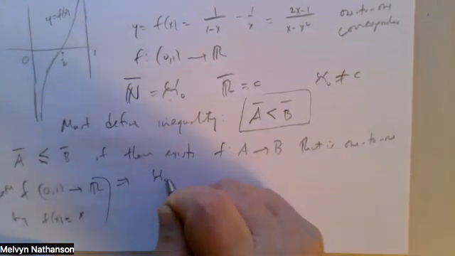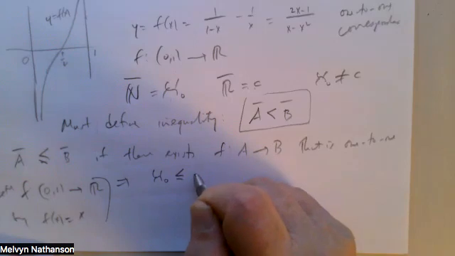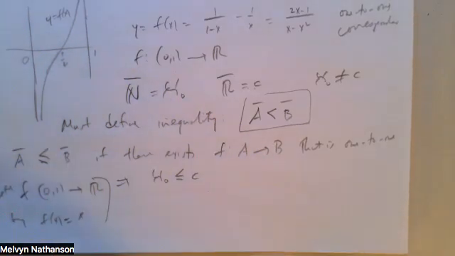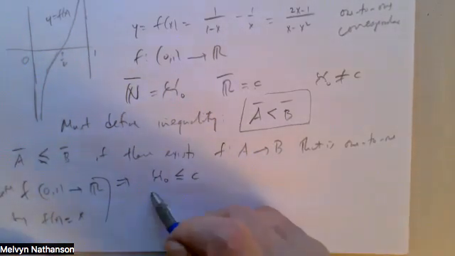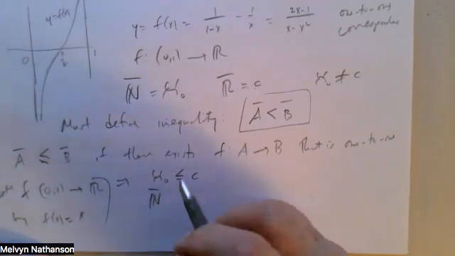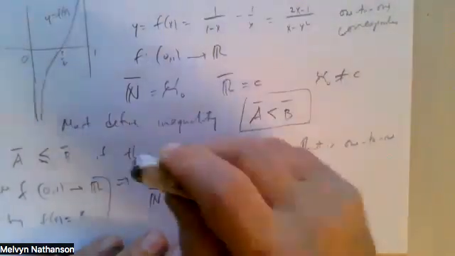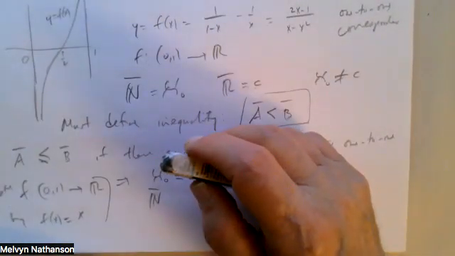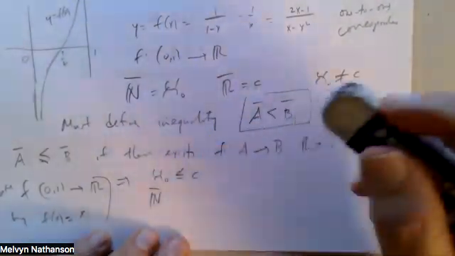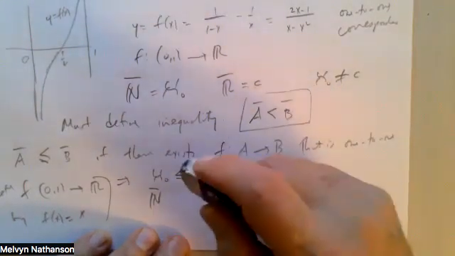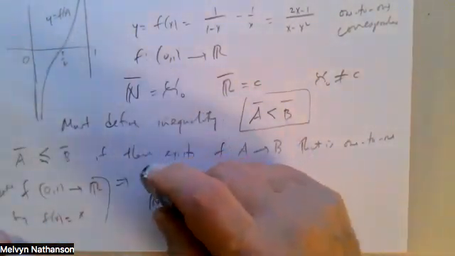So the number aleph naught is less than or equal to C, because the cardinality of the positive integers, sorry, that's not what I want to say. This is true, but it's not what I want to say.